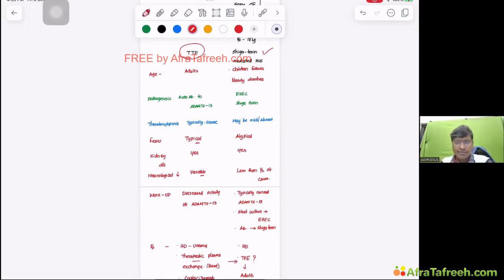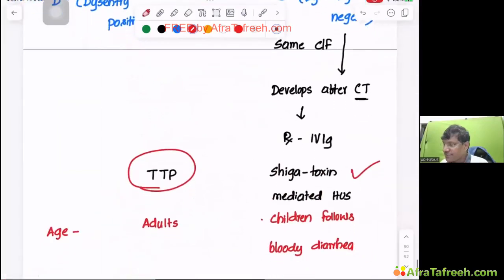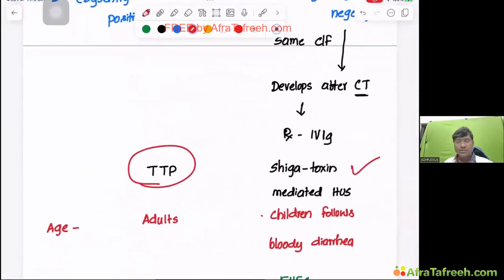Kidney disease is also there, but mild. Neurological impairment is variable. Lab investigation shows decreased activity of ADAMTS13. And the mainstay of treatment is therapeutic plasma exchange. Okay, so this finishes your hemolytic uremic syndrome as well as the thrombotic thrombocytopenic purpura.